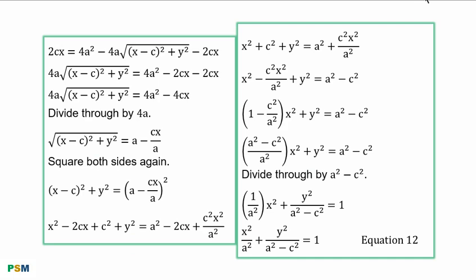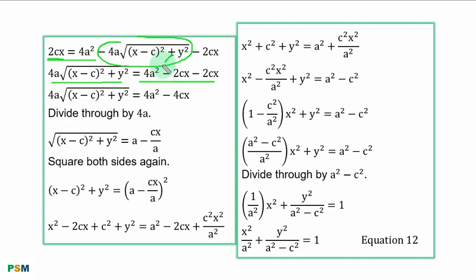If you rearrange the previous result, some terms will cancel off and we are left with this result. From here now, the term that contains square root, let's move it to the left so that it becomes positive, and we transfer 2cx to the right. You have it in this form.